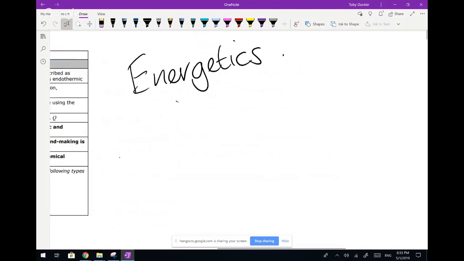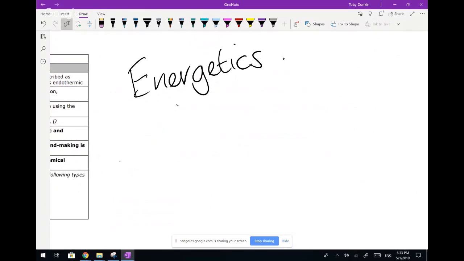Okay, so the first thing I want to quickly mention is this title of energetics. And it's one of those words which students at times don't really recognize, or perhaps don't hear enough for it to be commonly well known and well understood.